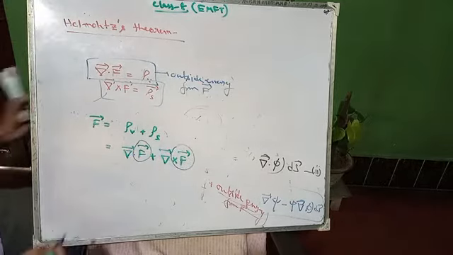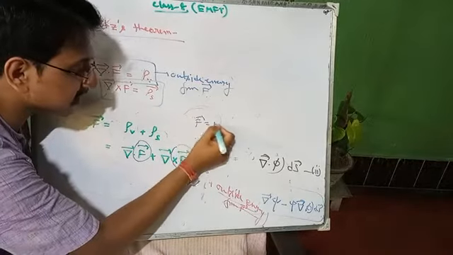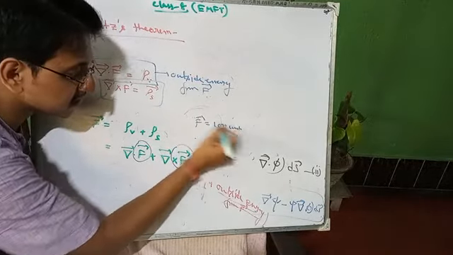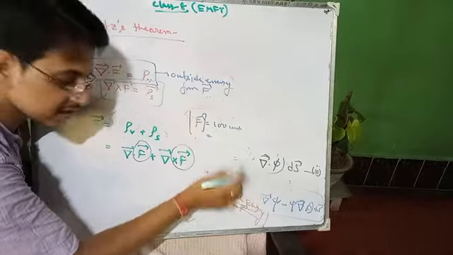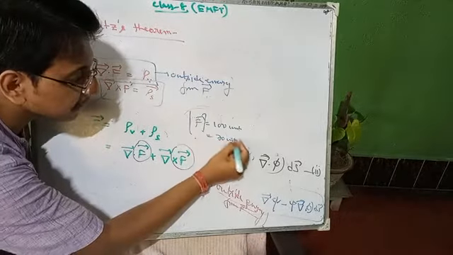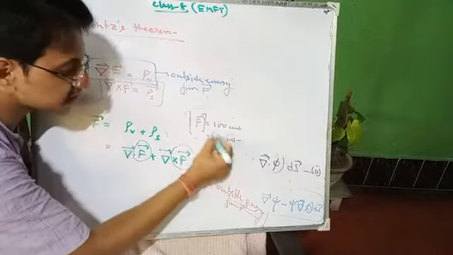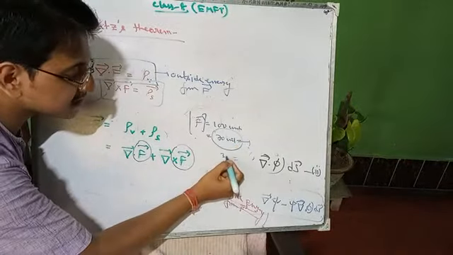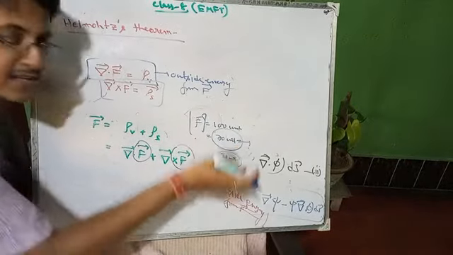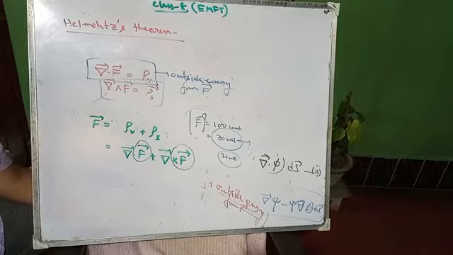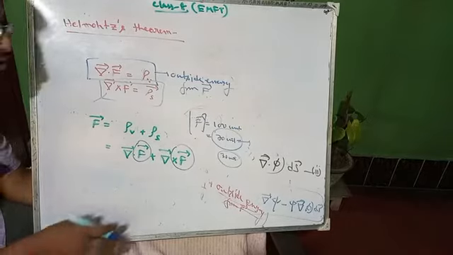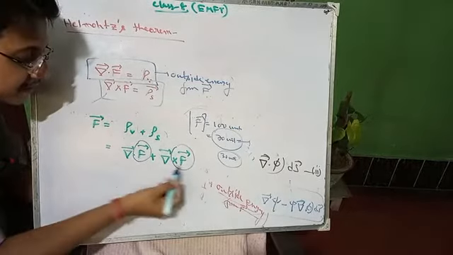Why? Because suppose this F vector equals 100 units, suppose the modulus of F vector equals 100 units. So 70 units are coming outside, the output, and the remaining 30 units are the redundant input, the redundant part of the system. So can we express these as F and F?